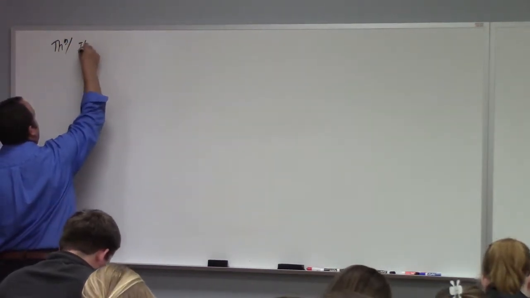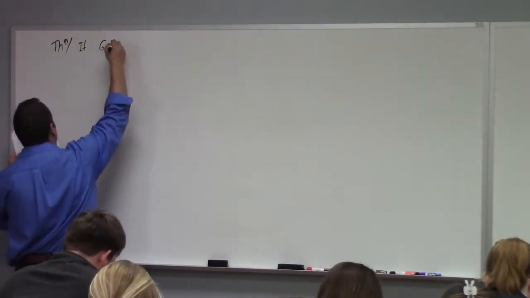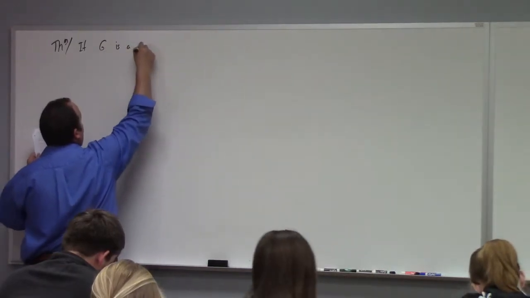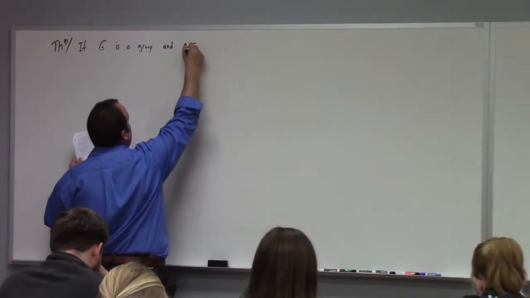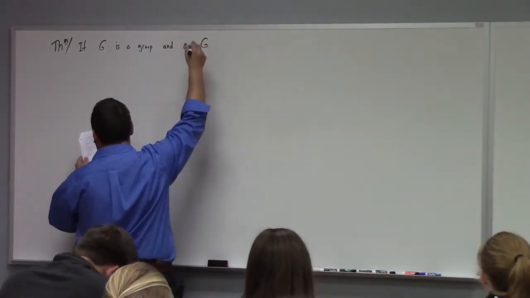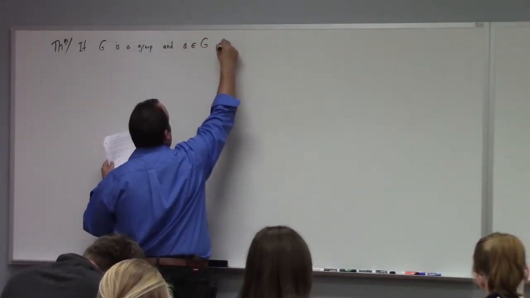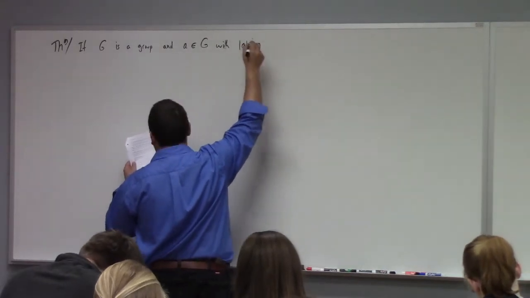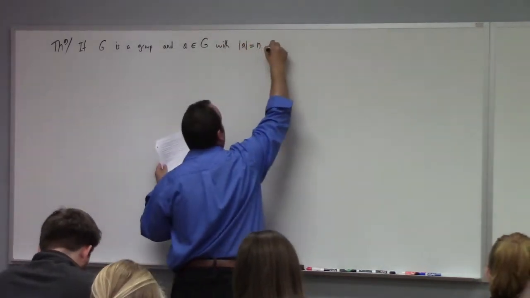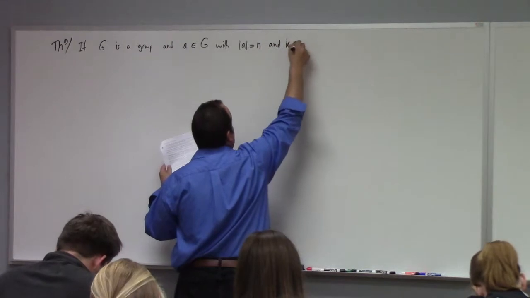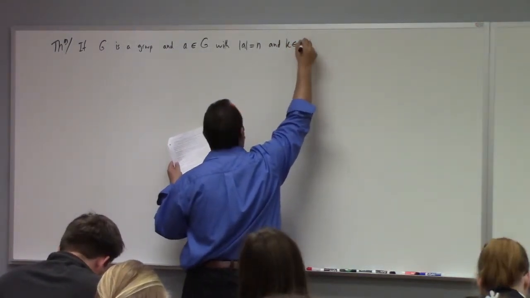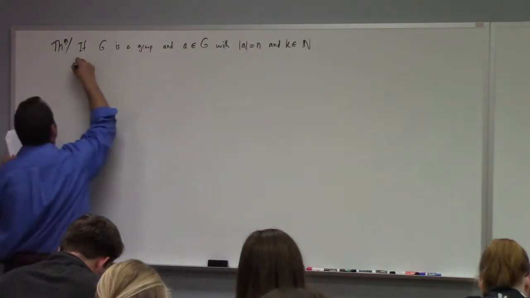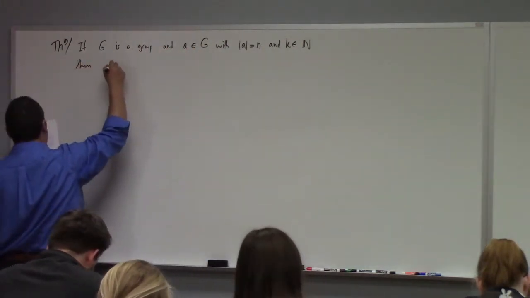Theorem: If G is a group, and a is in G with the order of a equal to n, and k is a natural number, then here's the punchline.